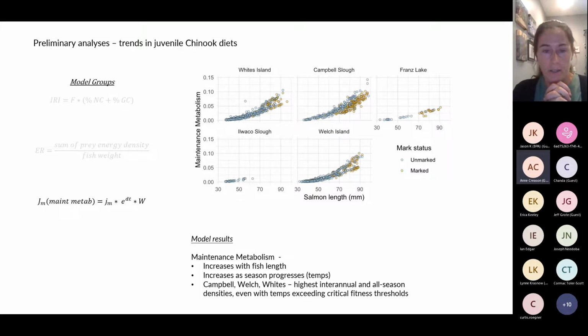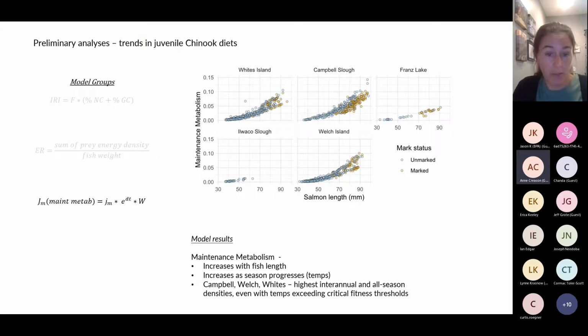I would like to see if warmer years are more recent and therefore they're facing higher metabolic costs. I also noticed in Campbell's Slough, it looks like there might be a slight divergence with marked and unmarked fish. I'm not sure if that has something to do with hatchery release timing, releasing in better temperature regimes. I'm not sure about that.